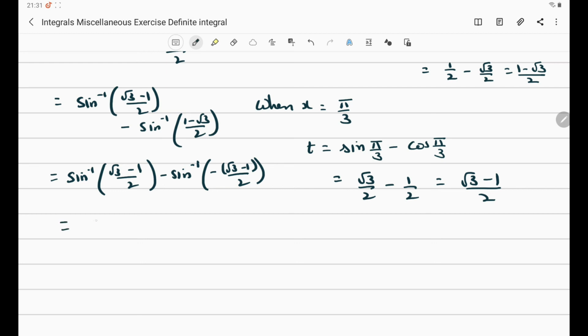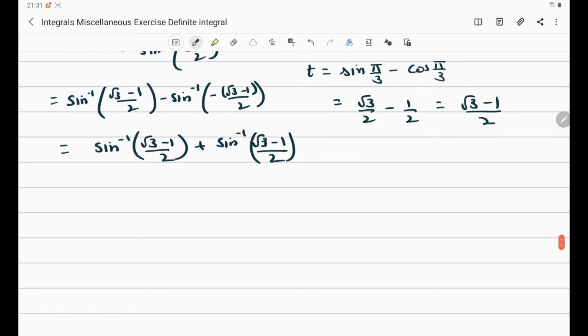So this is same as sin inverse root 3 minus 1 by 2, minus into minus plus sin inverse root 3 minus 1 by 2. So which is equal to 2 sin inverse root 3 minus 1 by 2. So this is the final answer.